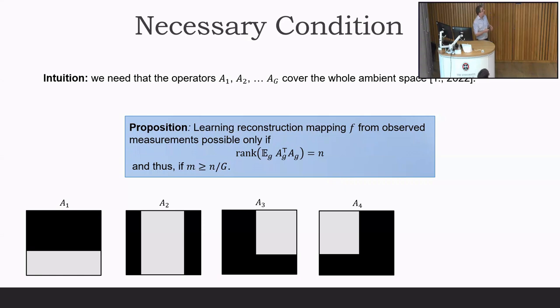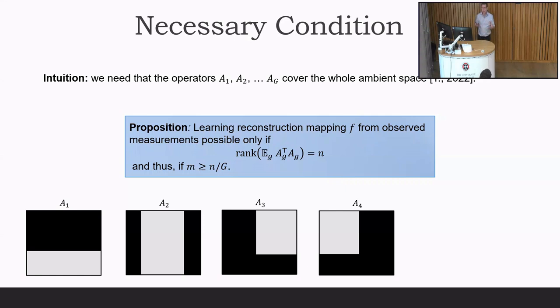So we can write this down as: learning is only possible if the rank of the expectation over my different operators of A_g transpose A_g is equal to the full space N. Okay? And that immediately gives us a bound on how many measurements I need to take, with respect to how many operators I have. Okay.